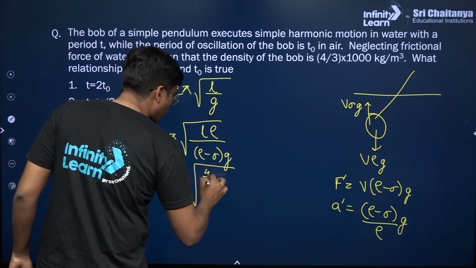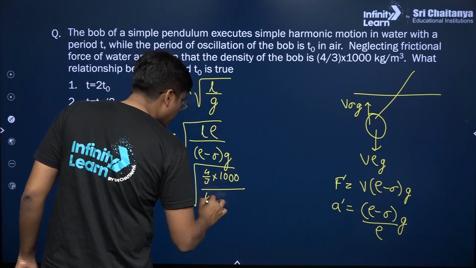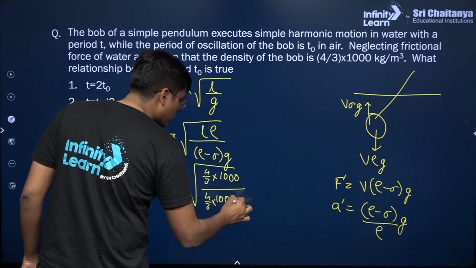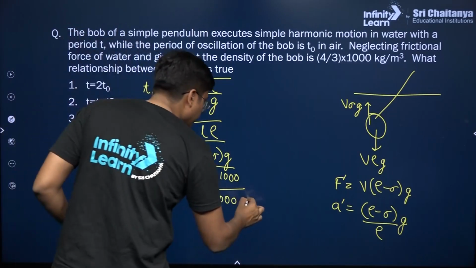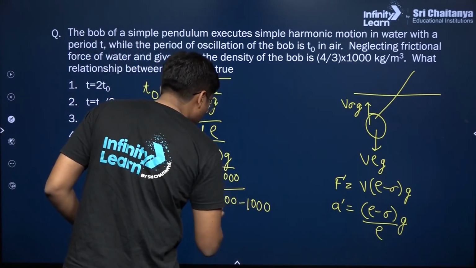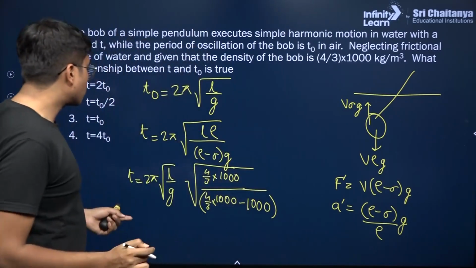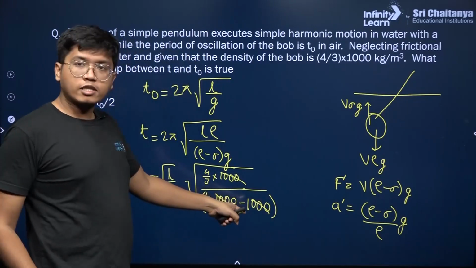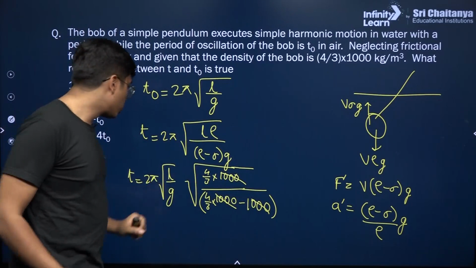So 4 by 3 into 1000 divided by 4 by 3 into 1000, again because of this rho, minus the density of water, which is just 1000 again, right? So these thousands are all going to cancel each other out. Your 4 by 3 minus 1 is 1 by 3. So 4 by 3 divided by 1 by 3 is going to give you 4.